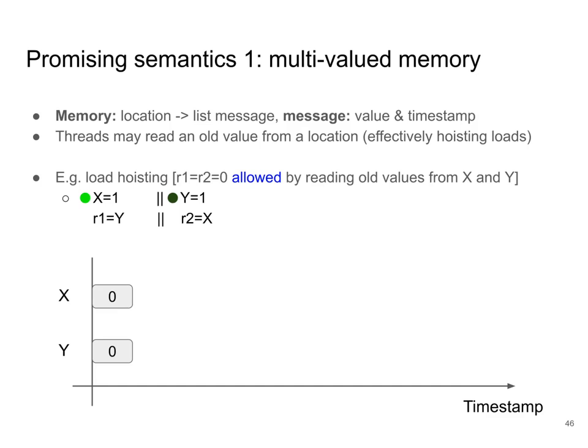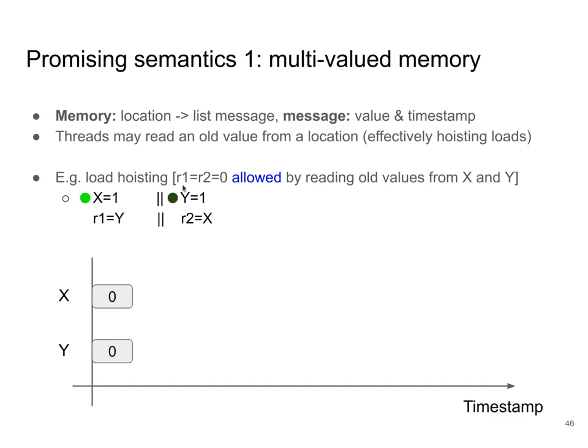And a thread may read an old value from a location. As I said, in order to model load hoisting, we want to allow a thread to read an old value, old messages basically. So let me show you this example. Load hoisting is here. In the left thread, x equals 1 is executed, and then y is read into r1.